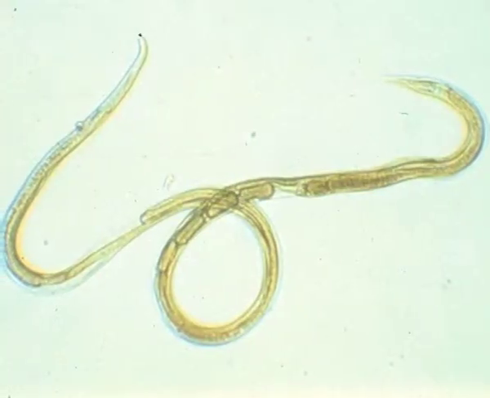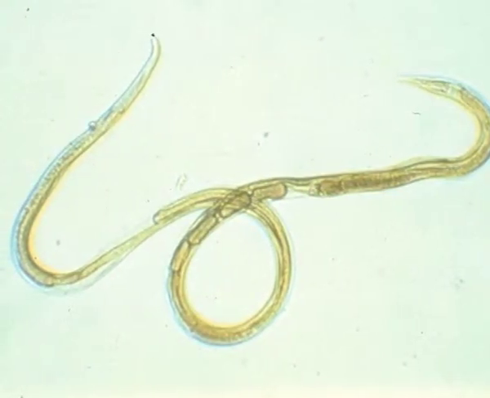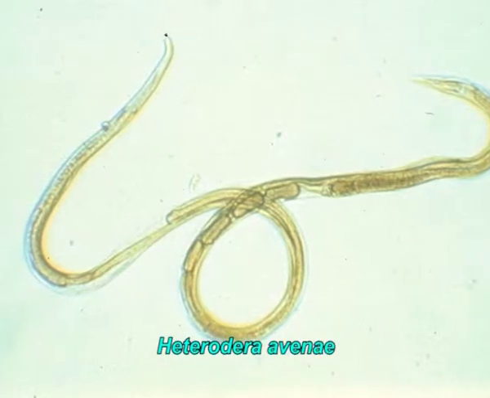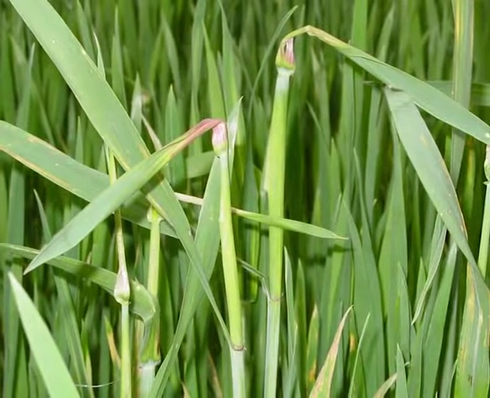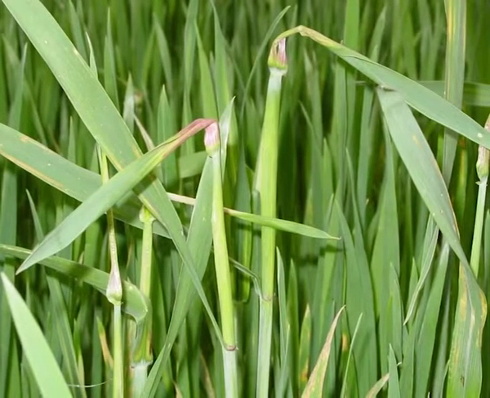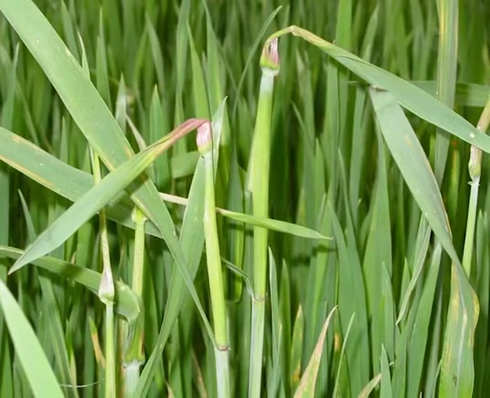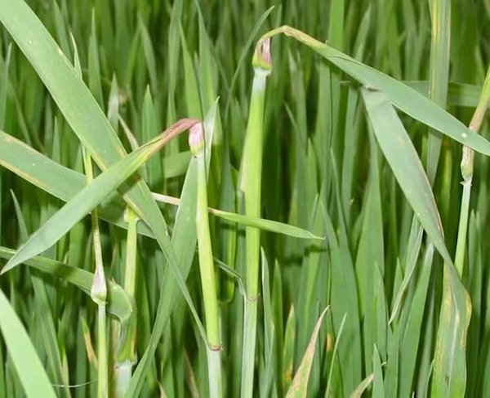Two other parasites of the same genus are Heterodera filipjevi and Heterodera avenae, which due to its widespread distribution also forms an economically important nematode on cereals.